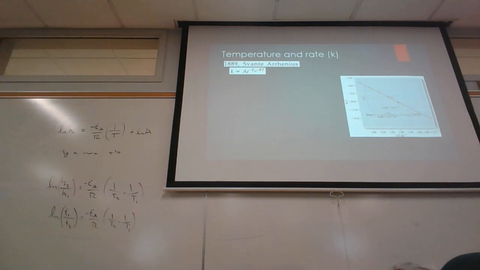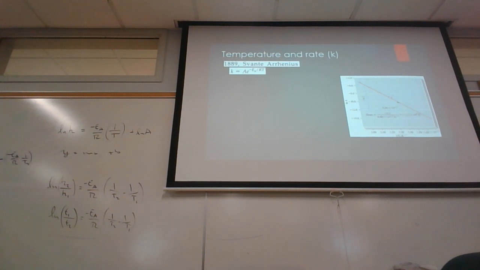So this is a common trick that we do. We'll take ln of k2 minus ln of k1. This is going to equal, well, ln k2 is going to be minus EA over R, 1 over T2. And ln of k1 is equal to, okay, so this is going to be minus EA over R, 1 over T1.